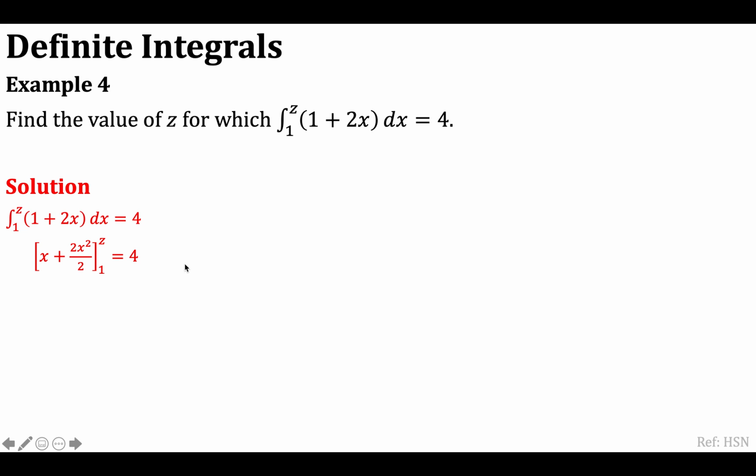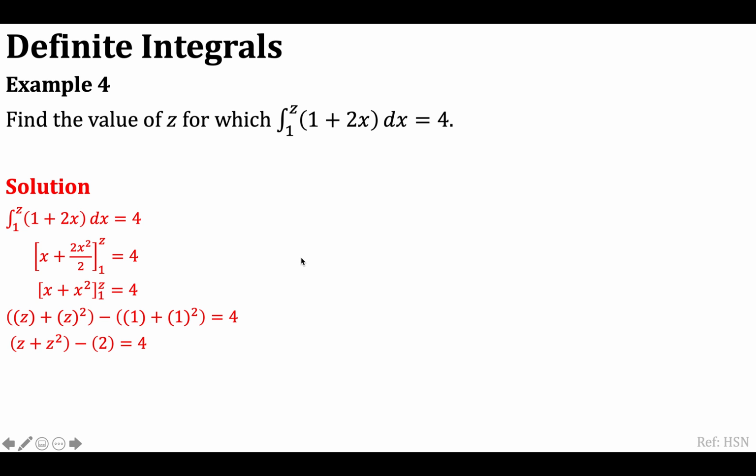Now I can simplify my 2x squared over 2, that gives me x plus x squared, and again I've still got my limits here, 1 and z, and I know that all of that is equal to 4. So I'm going to substitute in z firstly, that gives me z plus z squared, and then I'm subtracting that same expression with 1 substituted in, so 1 plus 1 squared, and I know that that's equal to 4.